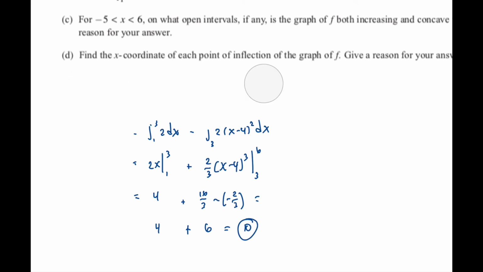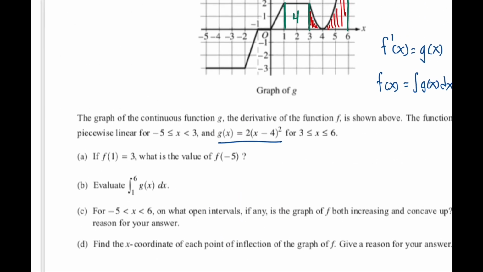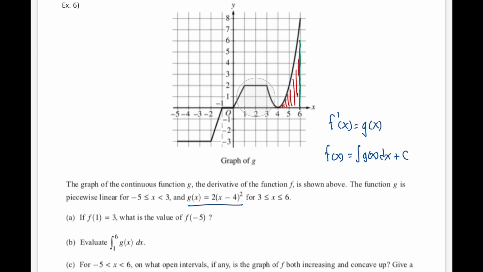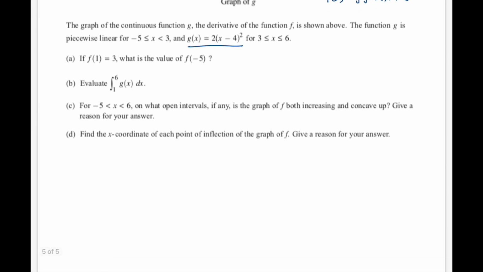Let's try the next one. We're looking, letter C, for -5 to 6. So that full graph there, on what open intervals, if any, is the graph both increasing, so f is increasing, that means that f prime is greater than 0, and concave up, so f prime prime is also greater than 0.